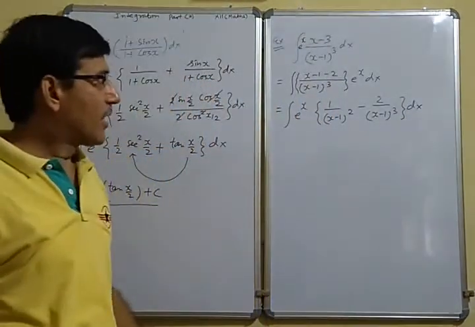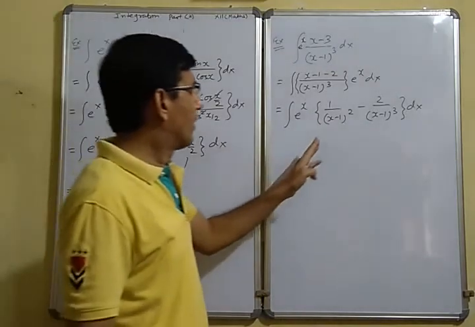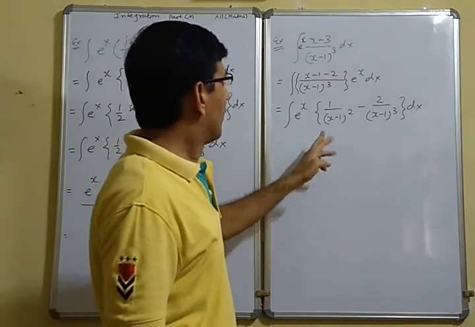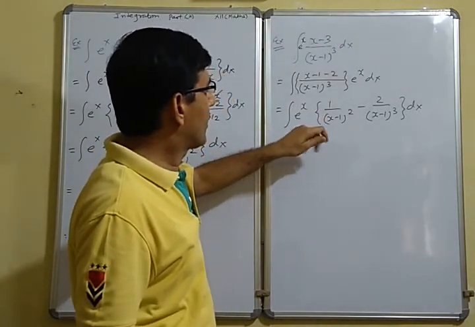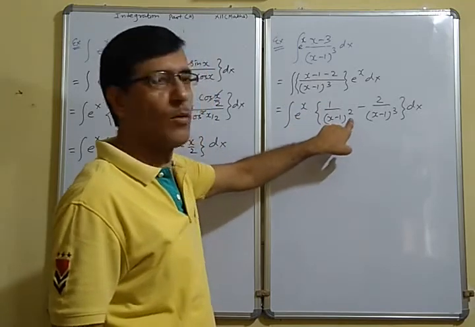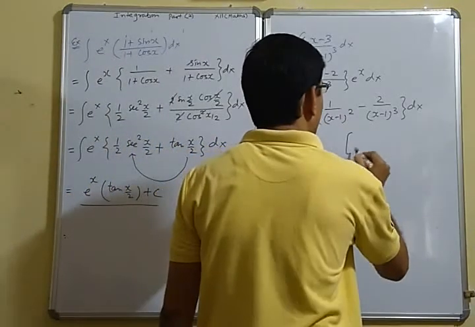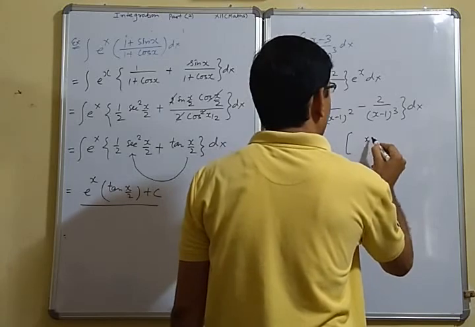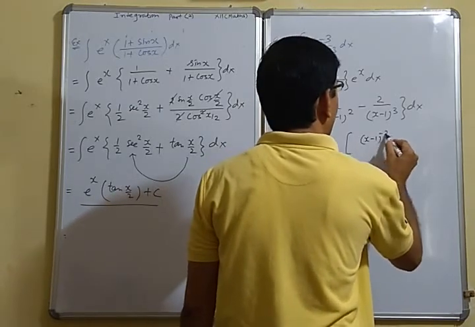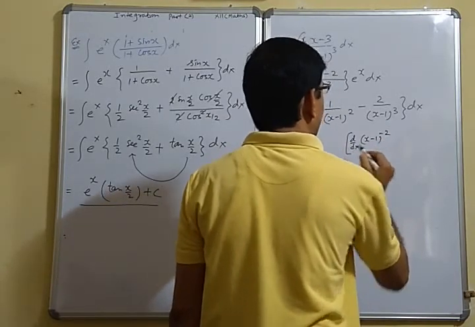So now we have to decide which function we have to differentiate. So differentiation of 1 upon (x minus 1) whole square. Now let us see the differentiation. (x minus 1) raised to power minus 2, d by dx.